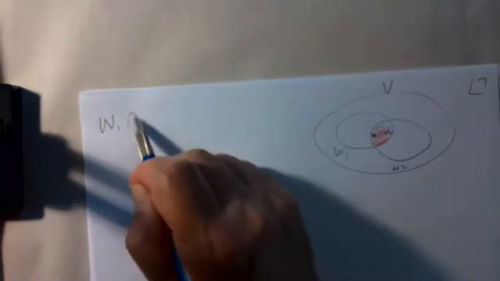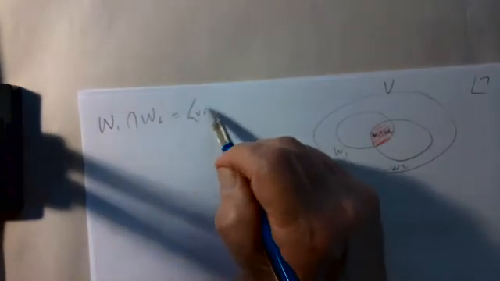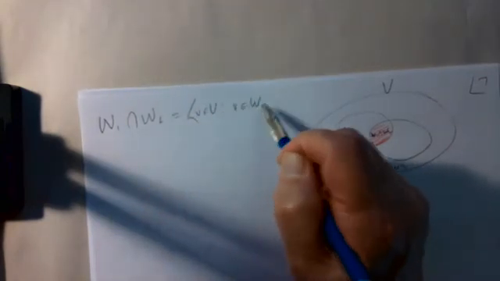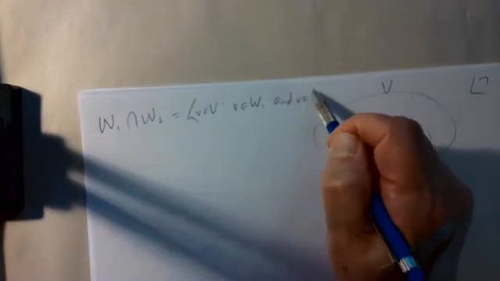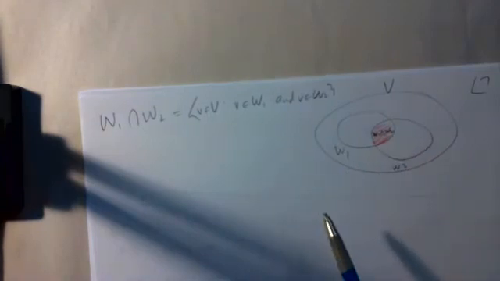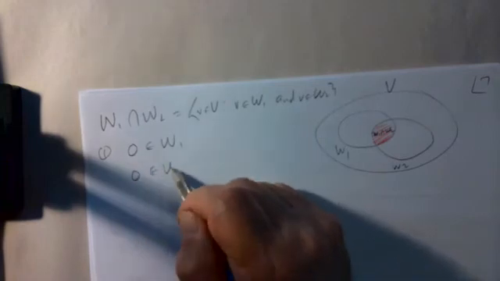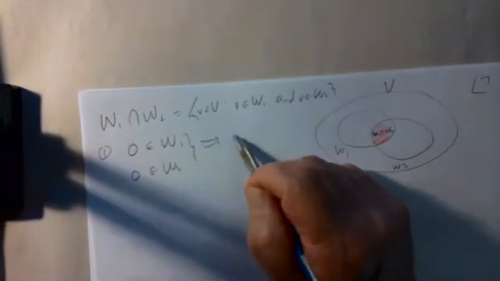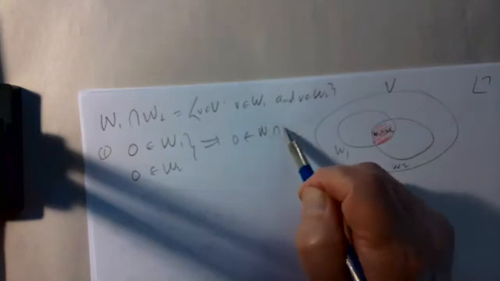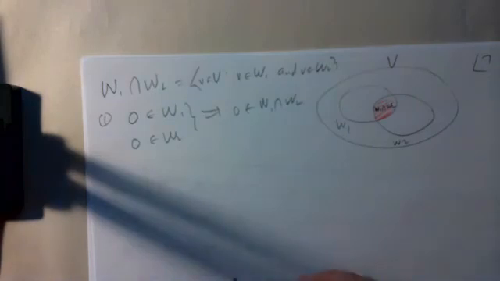So what that means is W1 intersect W2 is all the vectors v in V such that v is in W1 and v is in W2. It's all the vectors that are common to these two sets. So let's just check this is a subspace. Every subspace contains 0. So 0 is in W1 and 0 is in W2, which means 0 is in the intersection. So the first requirement for a subspace is that it contains the 0 vector.